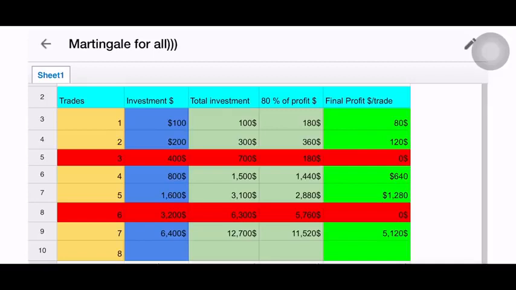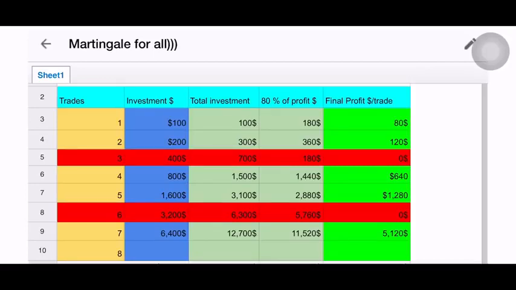Now the second trade, I have doubled the investment from 100 to 200 here. Total money invested is $300. If the trade gives me an 80% return, you guys can see I am entitled to earn $360, and my final profit must be $160.